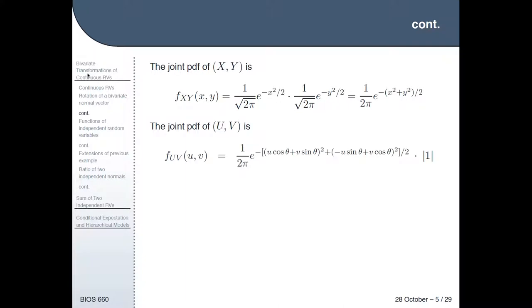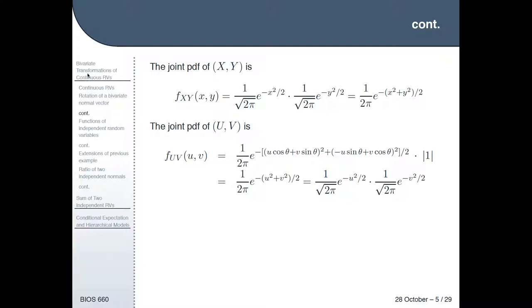So to get the joint PDF of U and V, you substitute the expressions for X and Y from the previous slide, multiply by the Jacobian, which is 1, and simplify that expression. Again, the sine squared plus cosine squared equals 1 identity helps us out here.